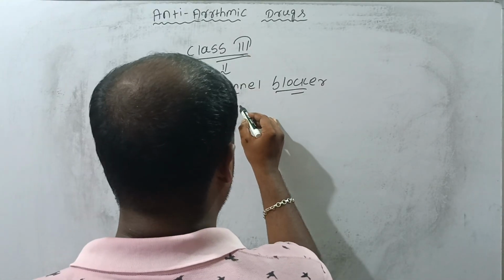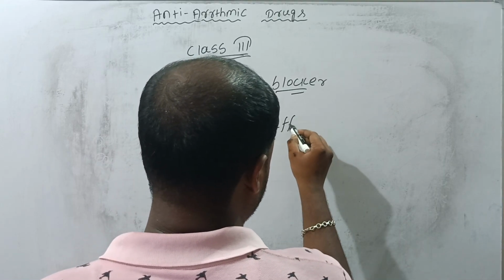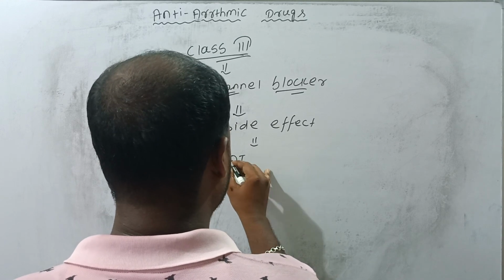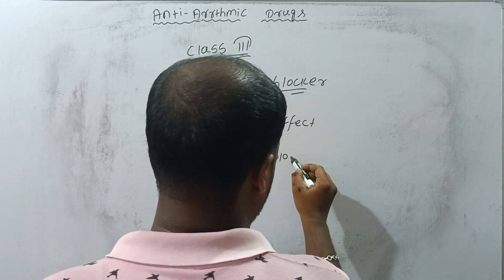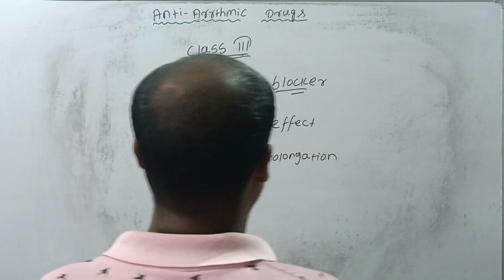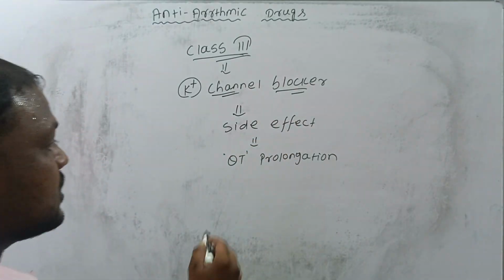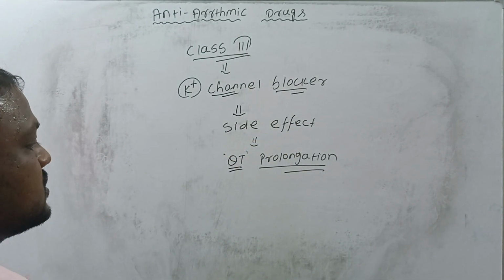Then the side effect is the QT prolongation. The potassium channel blocker side effect is the QT interval prolongation.